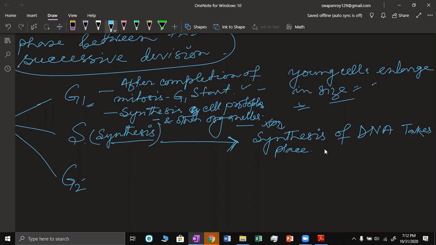That is, here actually duplication, or we can say DNA replicates. It makes its replica, its copy. DNA replication takes place. Sometimes we call that DNA duplication.